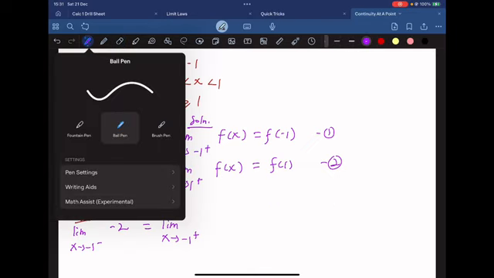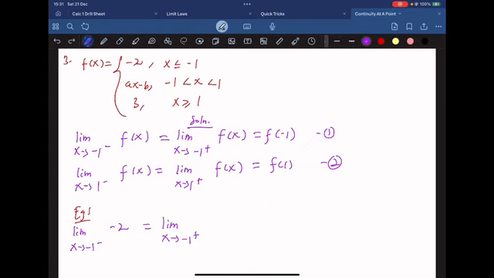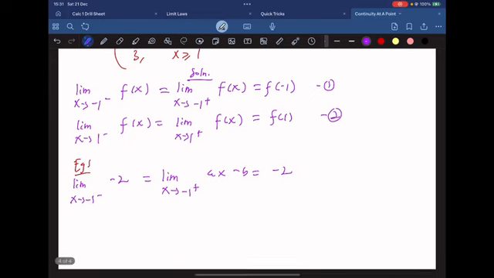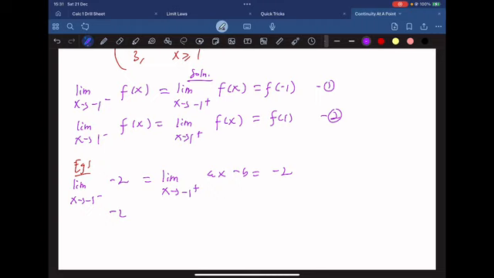So we can have ax minus b here, and f of negative 1 is just minus 2. And remember, limit of a constant is that constant. So over here we have negative 2, which is the same thing as this. So we can just drop one of them and continue. So now we have minus 2 here.